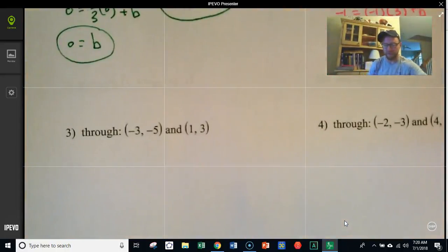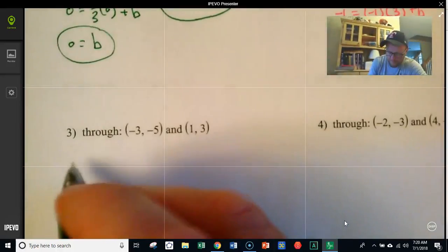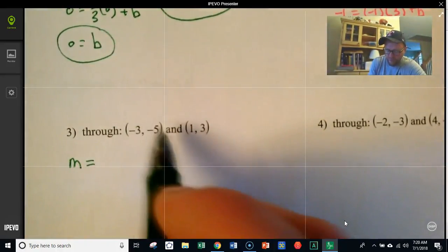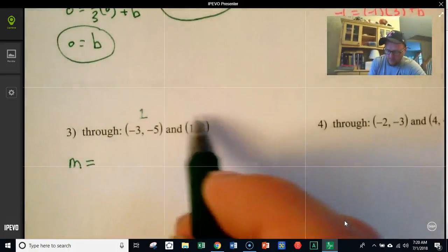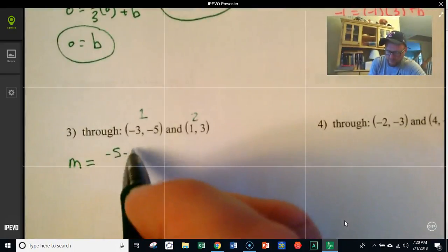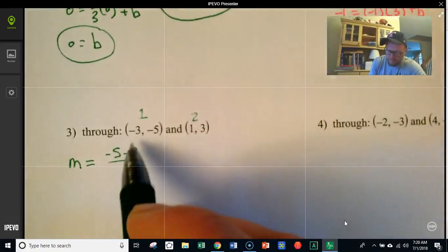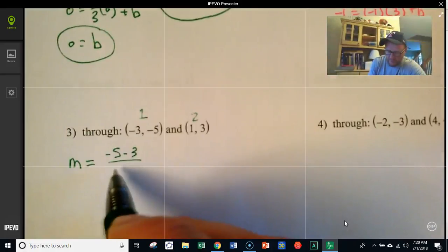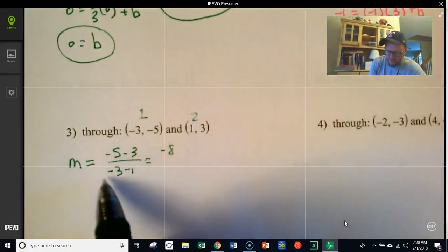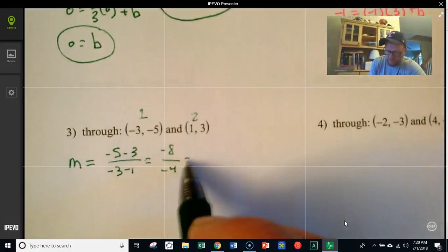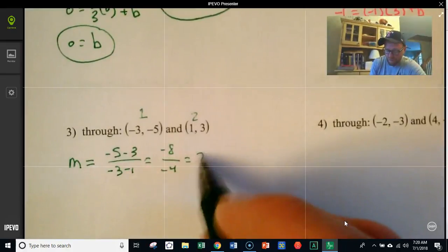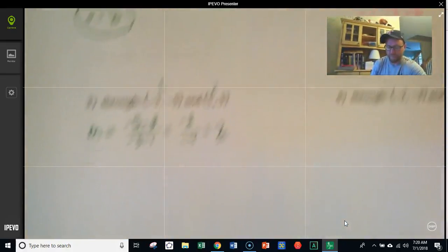Let's see here. We've got m equals, okay, I'm going to call these point 1 and point 2, doesn't really matter. Negative 5 minus 3 over negative 3 minus 1. That's negative 8 over negative 4. 8 over 4 is 2, and the negatives cancel each other out, so our slope is 2.